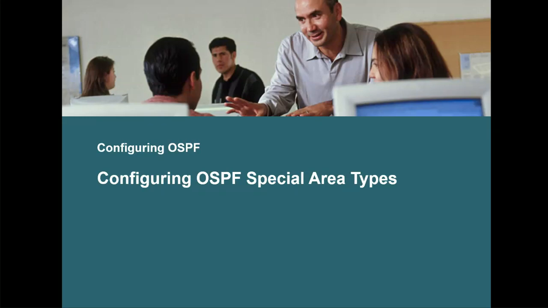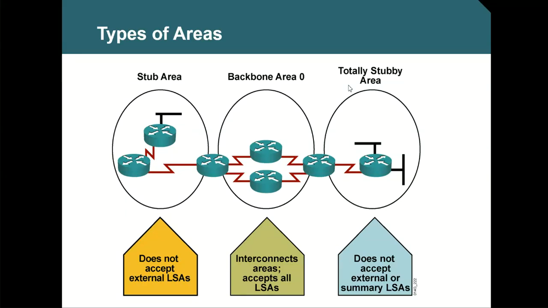Right, we were talking about OSPF special area types. We even did two labs on two different types of special areas. One was a stub area, the other one was the totally stub area.